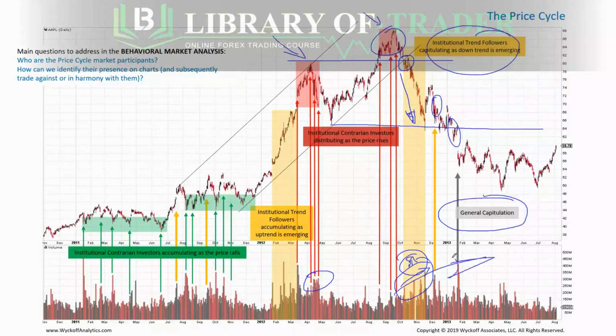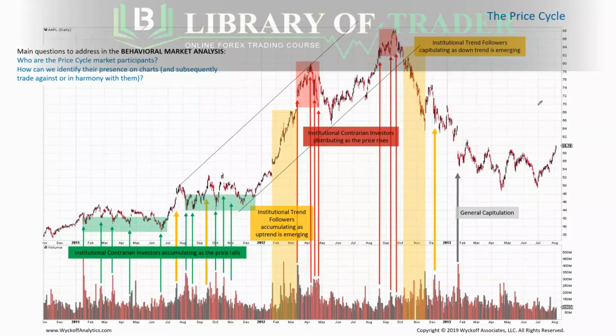This sequence of how distribution happens on the way down in the downtrend has been discussed in the best of Wyckoff in my presentation, and I will be discussing this in the Wyckoff trading course. I will introduce those concepts also to you students in this course as well, because this is something new that I brought in as a presentation.